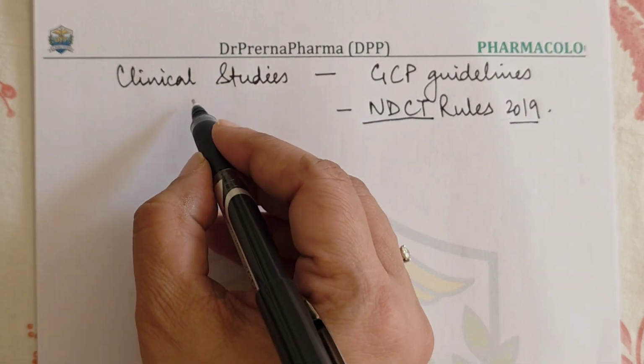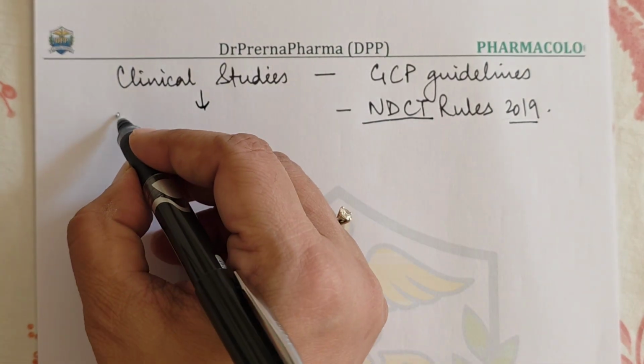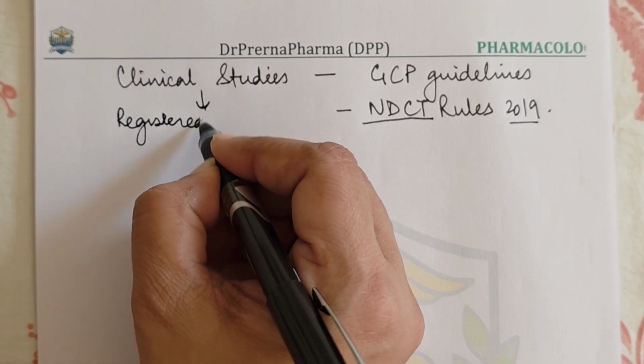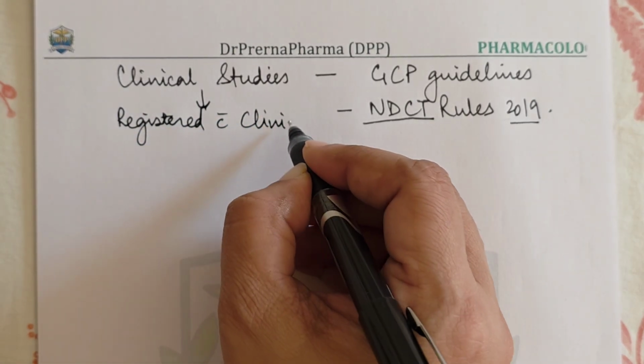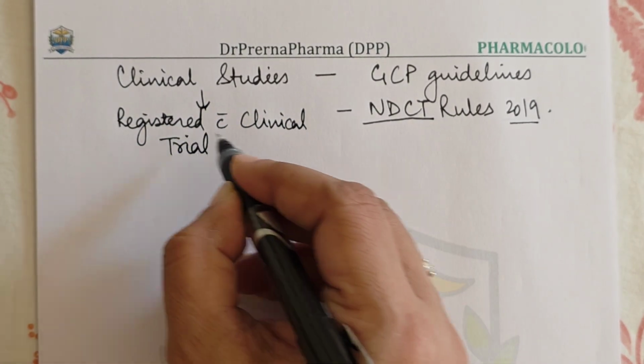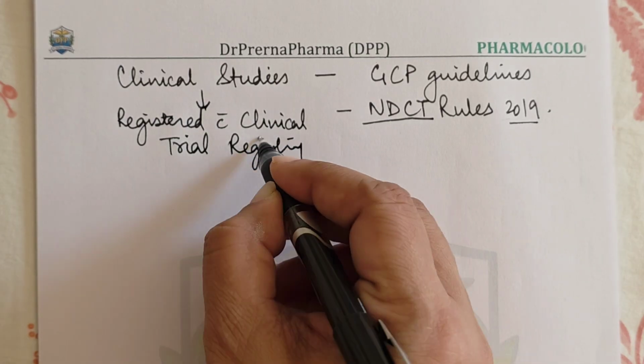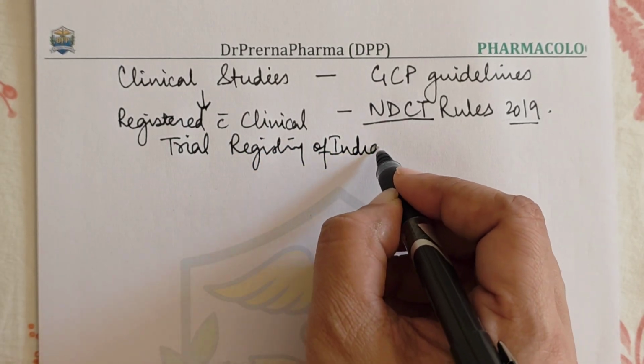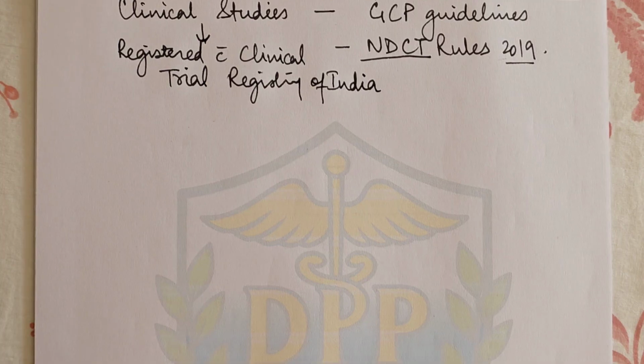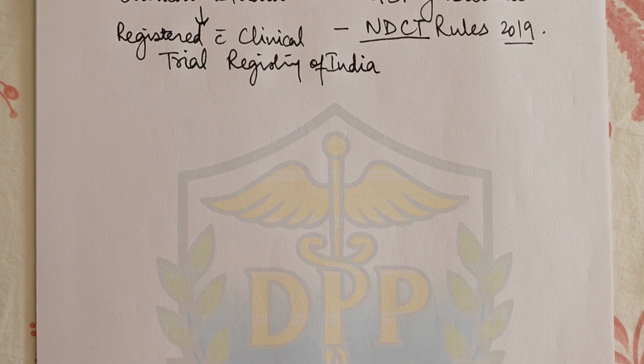Plus they have to be registered with the Clinical Trial Registry of India. Once they are registered, then only they are considered as valid. Otherwise you can do whatever you want, but they will not be registered trials.